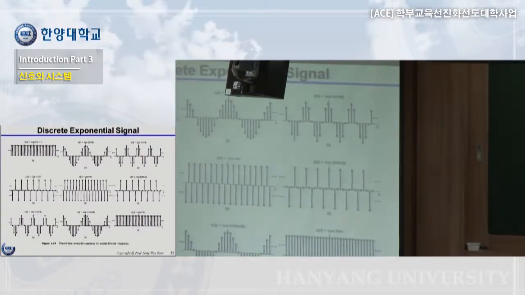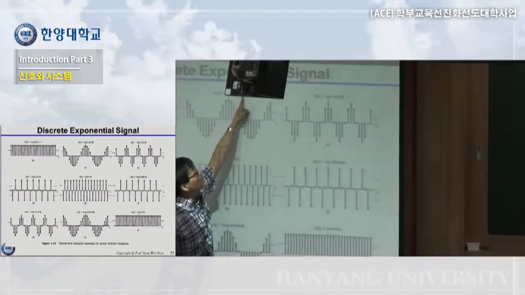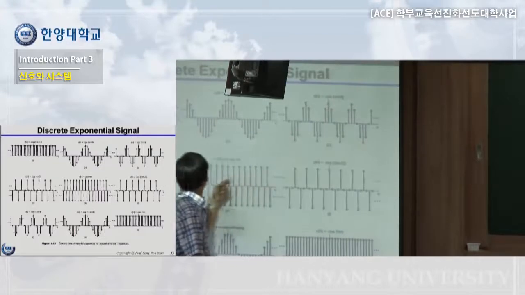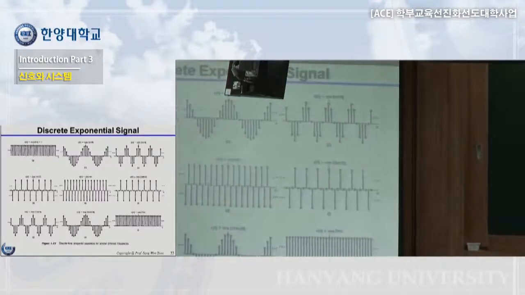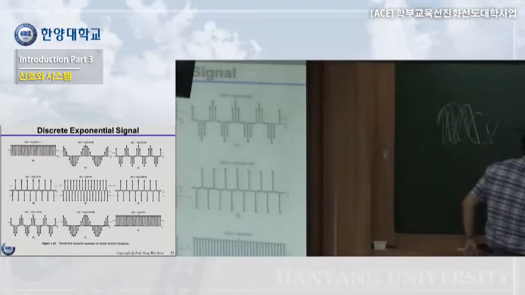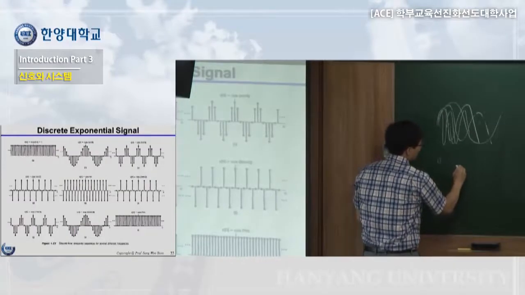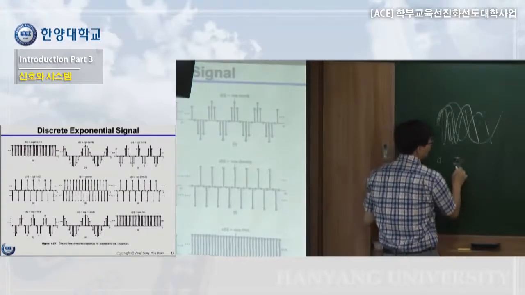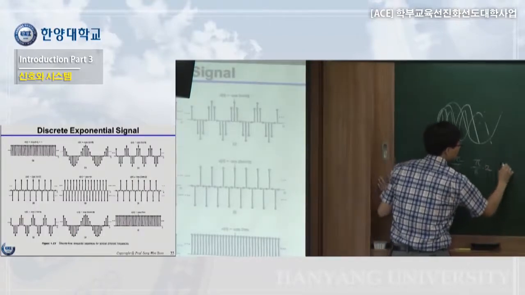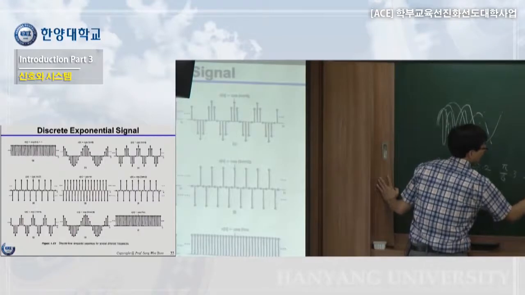They have frequency of 0, pi divided by 8, pi divided by 4, and so on. So they start at frequency 0, pi divided by 8, pi divided by 8 times 2, pi divided by 8 times 3, pi divided by 8 times 4.